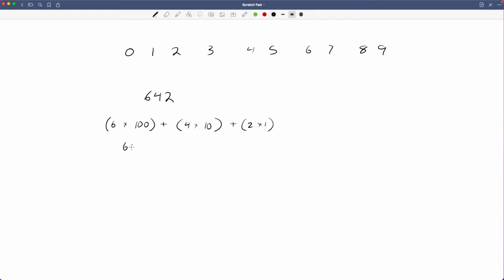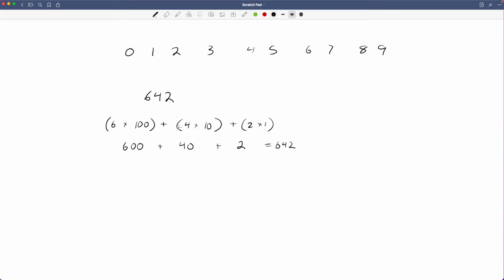And that would give me 600 plus 40 plus 2, which equals 642. And that's how we understand the value of the numbers that we work with. Where it's located gives us the value.